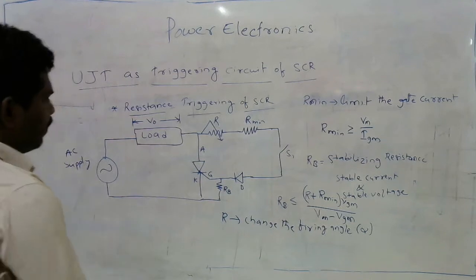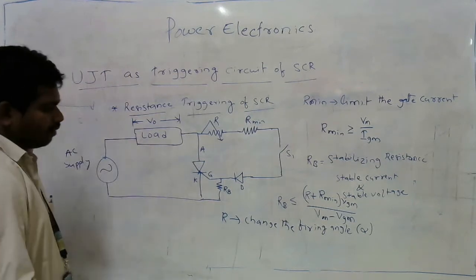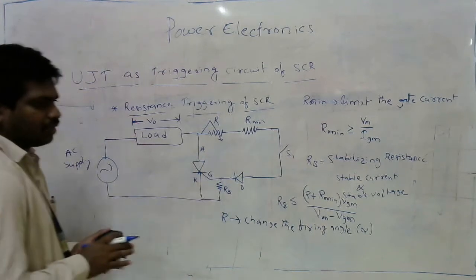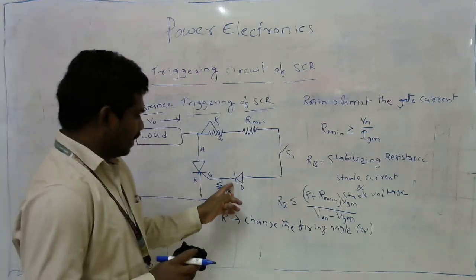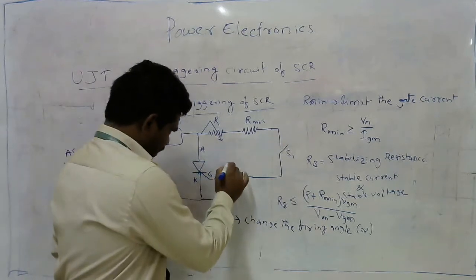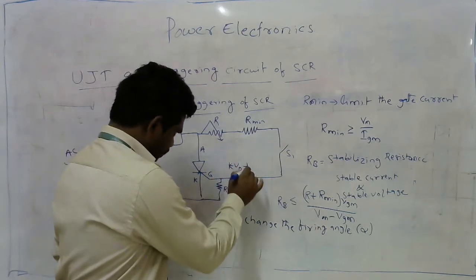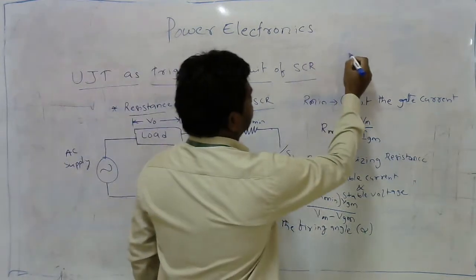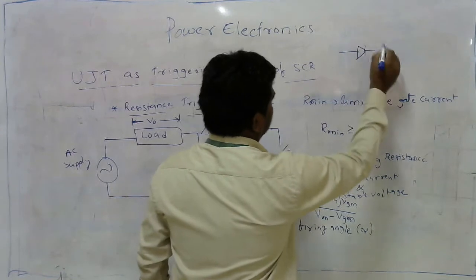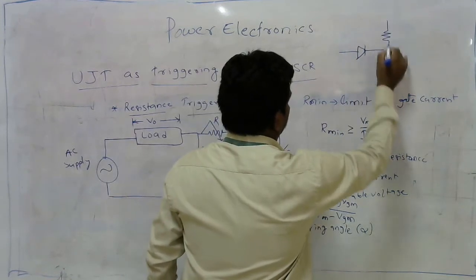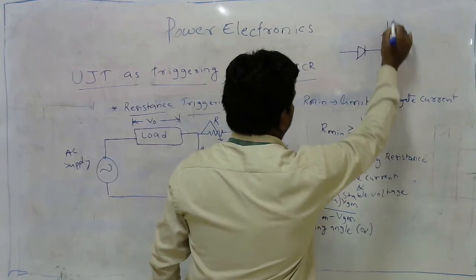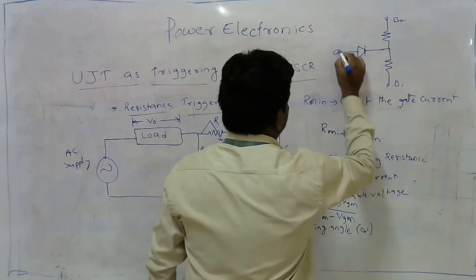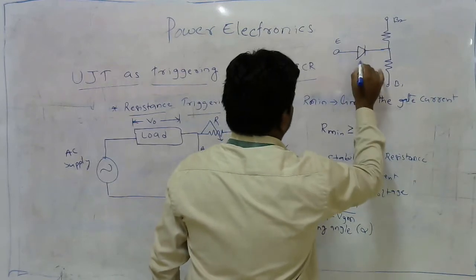And as I said, let us see how this entire circuit looks like a UJT. This is the diode, and there is one diode for the UJT equivalent circuit. There is one resistance like this. This is the B2 terminal, this is the B1 terminal, and this is the emitter.